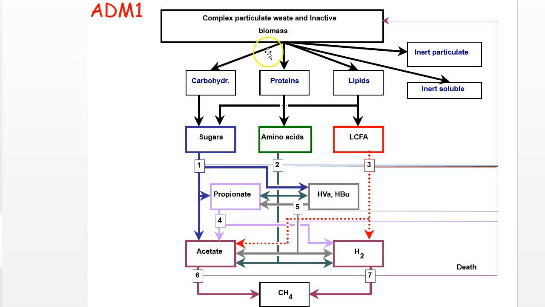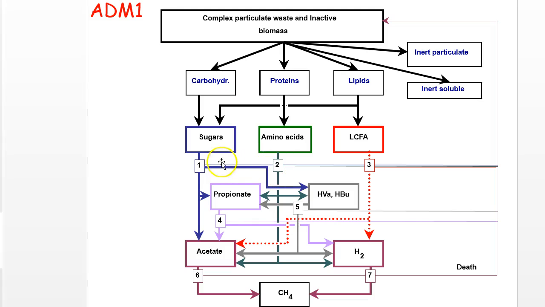We see there are some steps here where we have particles being broken down and hydrolyzed to sugars, amino acids, and long-chain fatty acids. These are small enough molecules that they can be taken up by microorganisms.